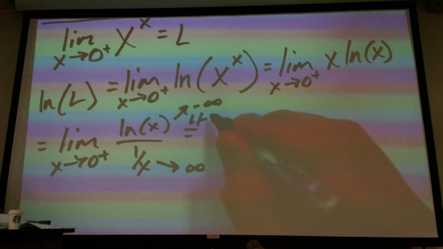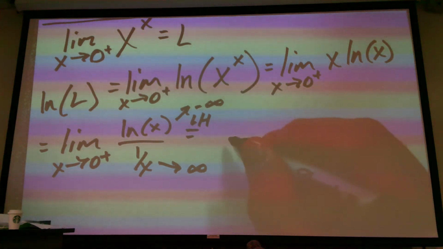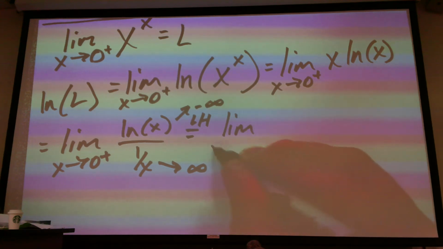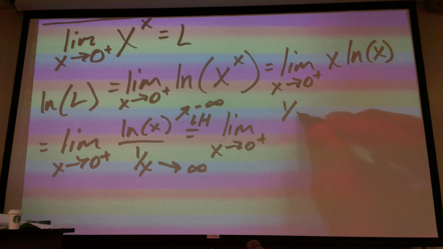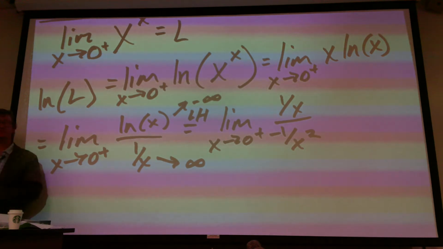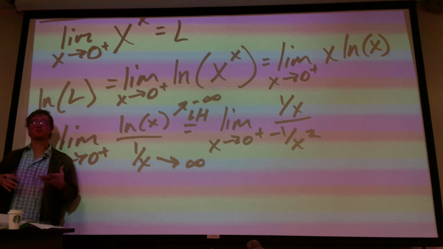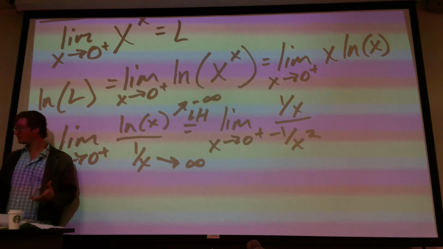So at this point of the problem, we can apply L'Hopital's rule to our limit. So that would be the limit as x tends towards 0 from the right. Now 1 divided by x over negative 1 over x squared. And you saw in the previous problem how I can multiply by x squared divided by x squared.